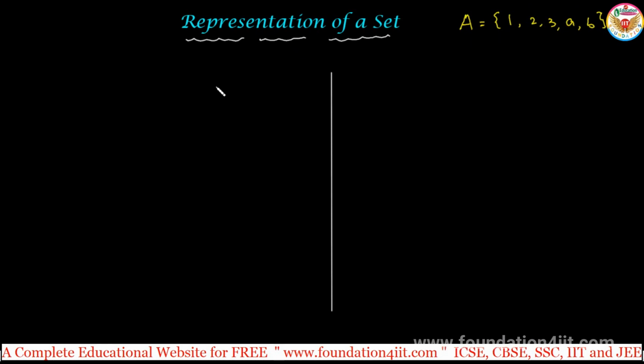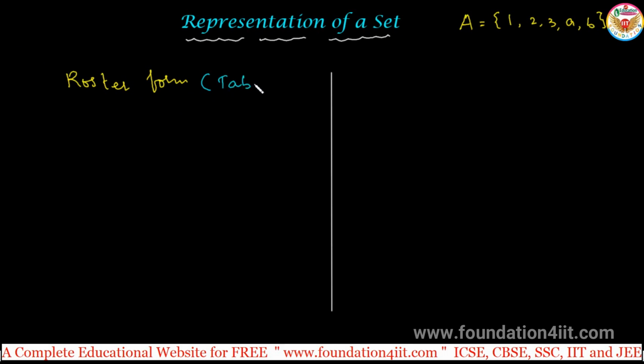And two ways we can represent, right? So one is the roster form, or we can call it as a tabular form. Both roster form or tabular form. This is the one way we can represent. So let me show you one by one.